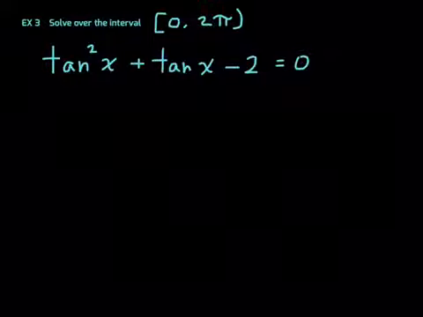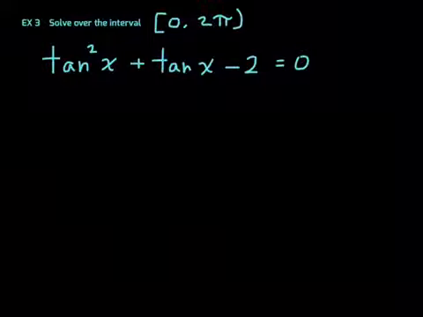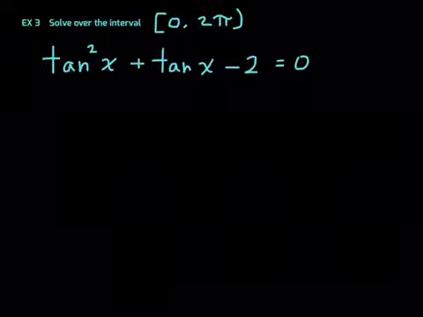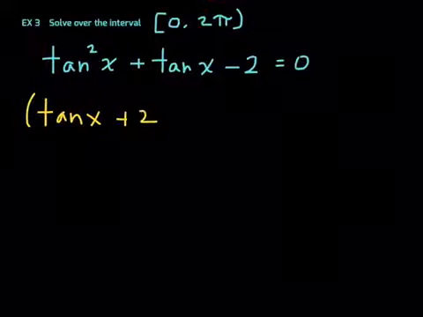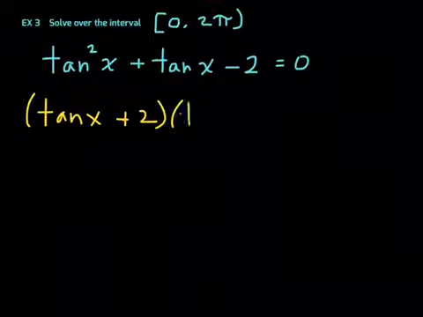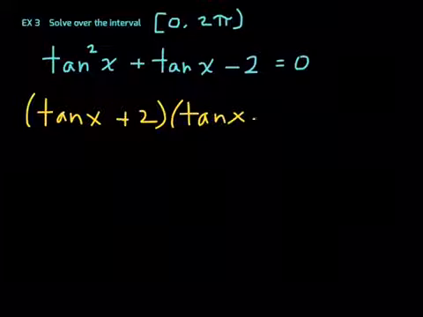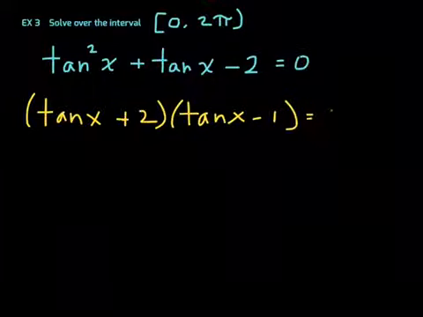Notice that this equation, this doesn't always happen, but this equation can be factored. We can factor it as tangent of x plus 2, times tangent of x minus 1 is equal to 0.